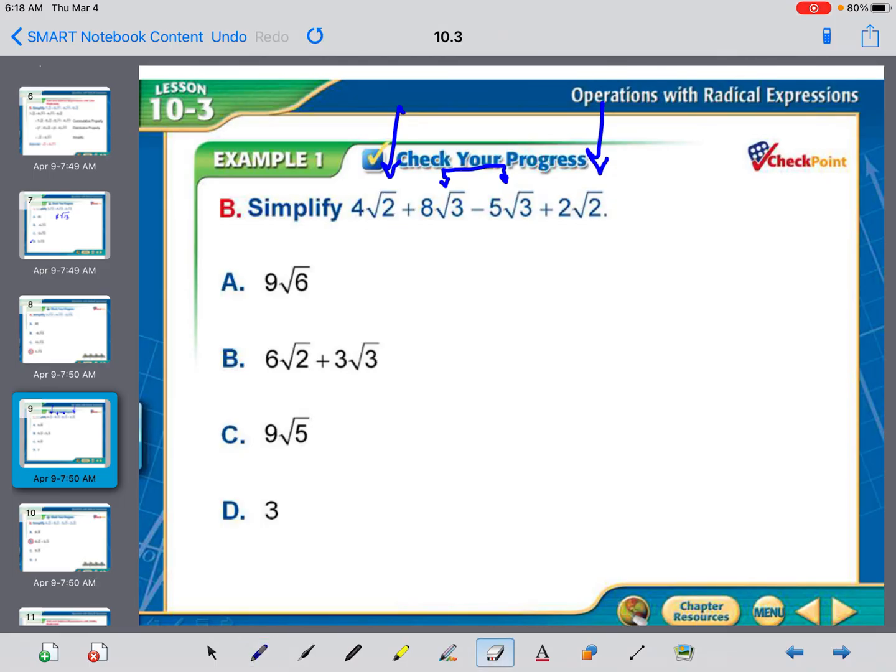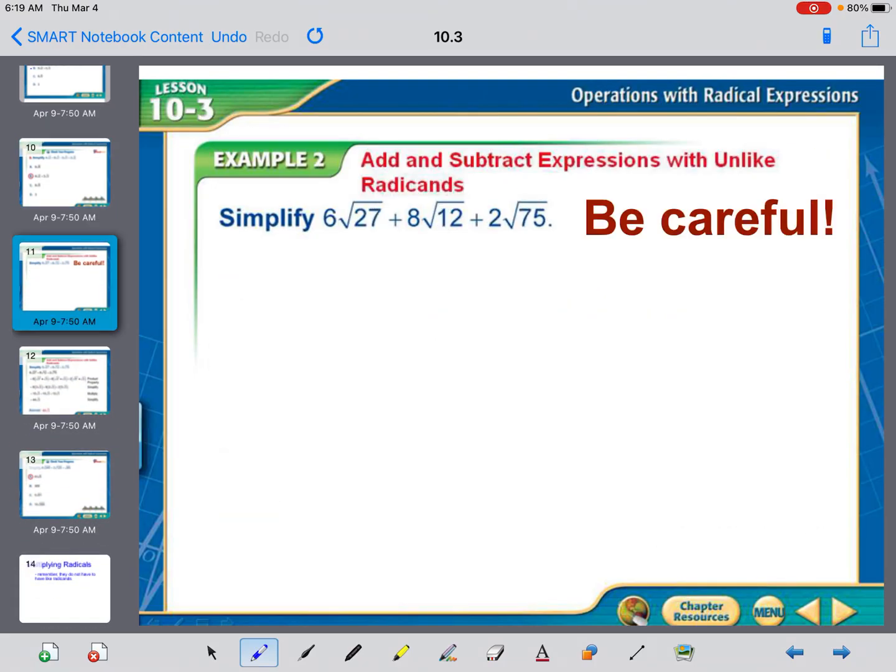So for the square root of 2, here and here, we keep the square root of 2 and we work with the coefficients, the outside part. 4 plus 2 is 6. For these two like radicals, they both have the square root of 3. So we'll keep the square root of 3, and we'll work with the 8 minus 5. 8 minus 5 is 3. What kind of 3? A plus 3, or positive 3. Making the correct answer B.